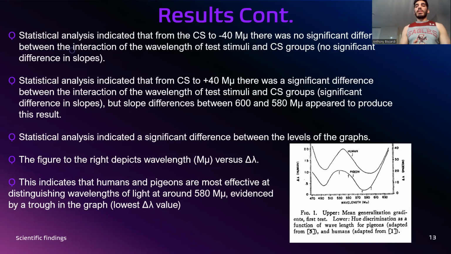However, this was because there were differences in the 600 nanometer and 550 nanometer mean generalization gradients. If you took those away, then there wasn't a significant difference between the slopes. The statistical analysis also indicated a significant difference between the levels of the graphs. As you saw previously, the 600 nanometer group had a lot more responding.